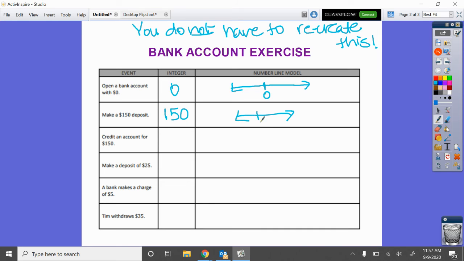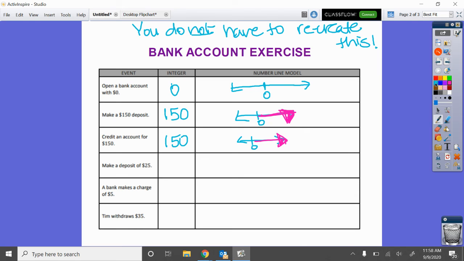And on a number line, that number is going to be located to the right of 0 because that's where the positive amounts go. Next, we've got a credit for $150. Again, that is a positive amount, and again, that's going to be to the right of 0 on the number line.